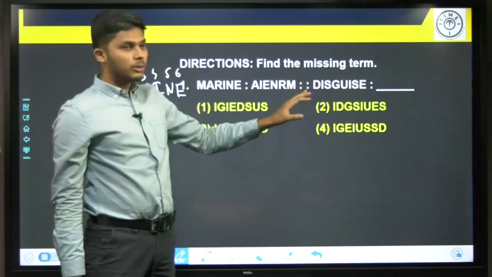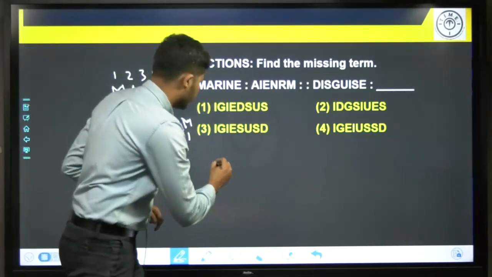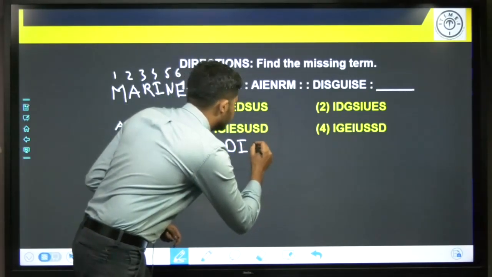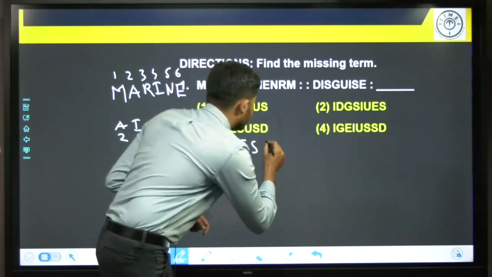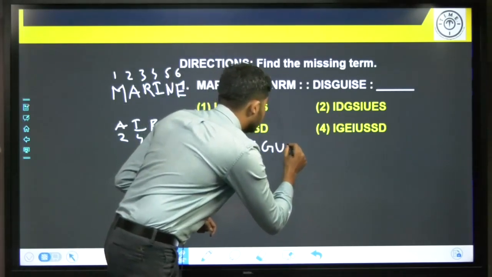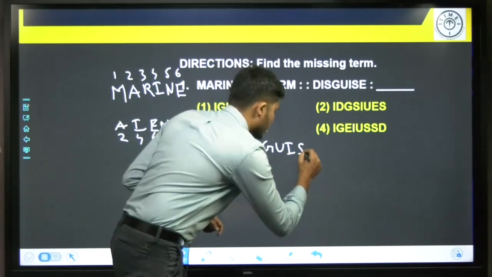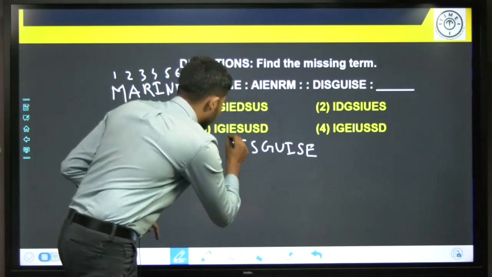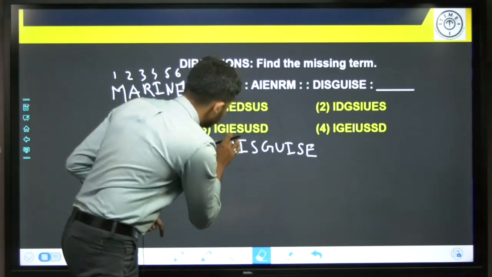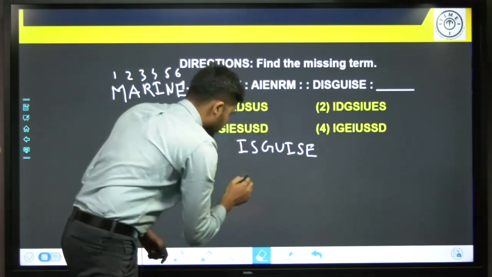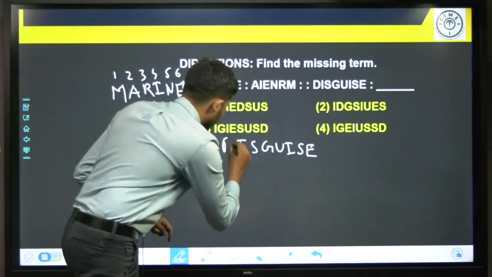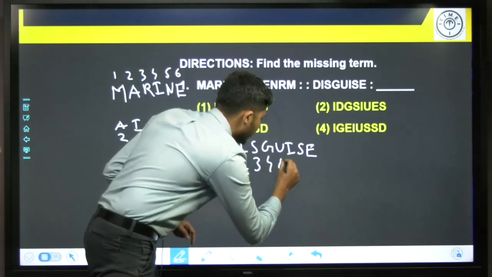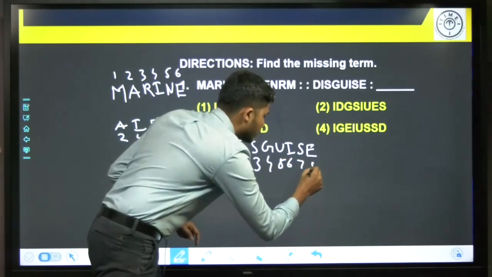Same will apply to the third term, which is disguise, D I S G U I S E. Similarly, this is 1 2 3 4 5 6 7 8.